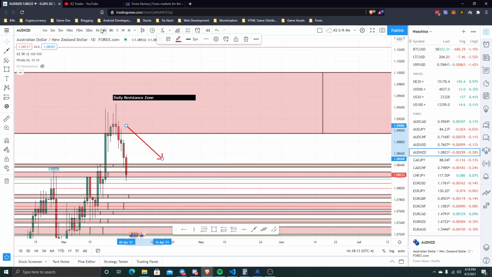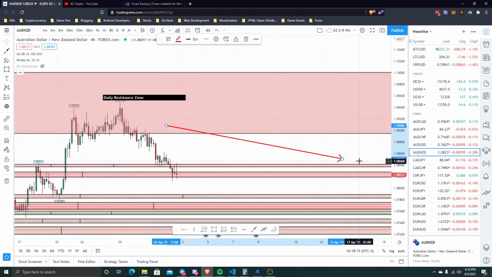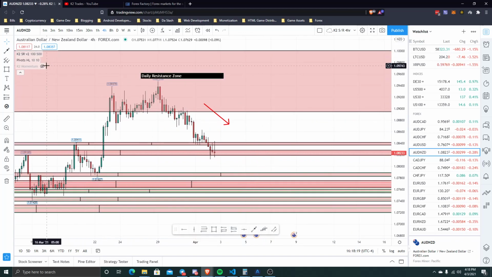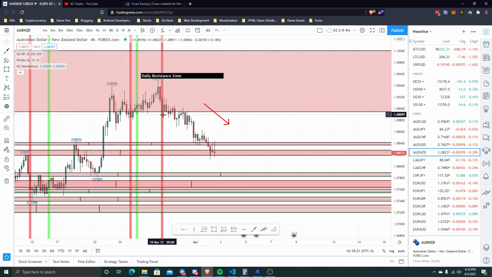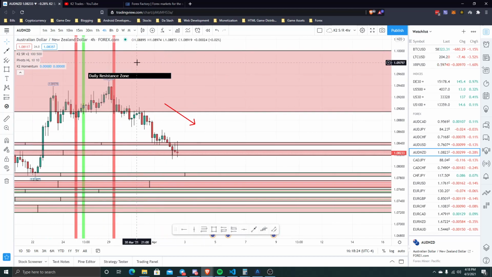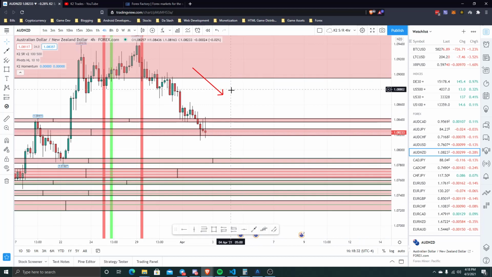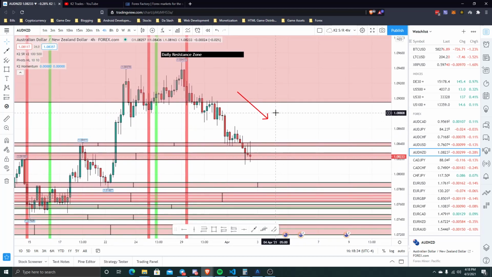So let's go back to the 4-hour here. You can see we definitely have our bearish bias here, and price just continued to shoot back down. This right here could have been a nice little sell.